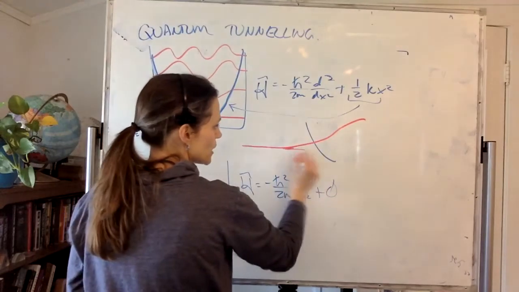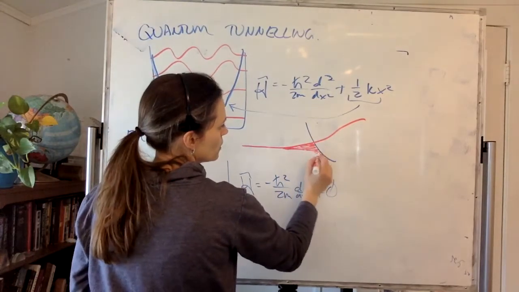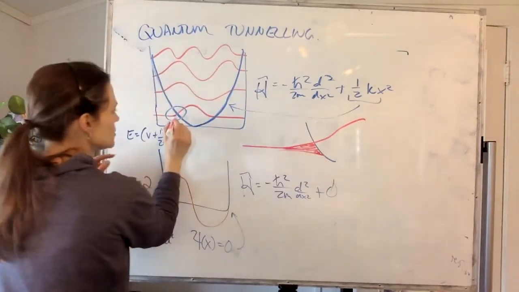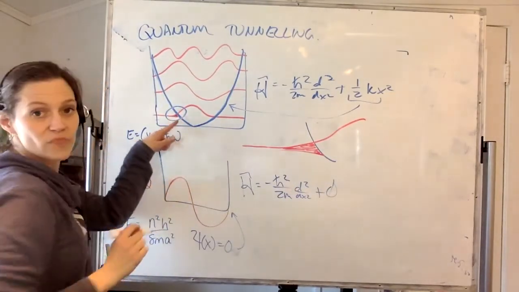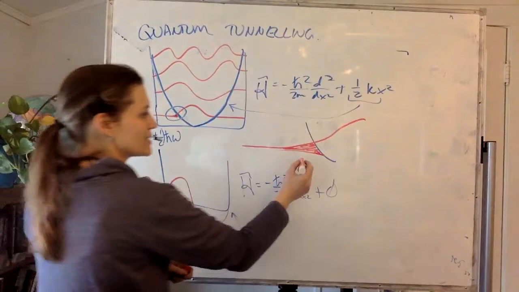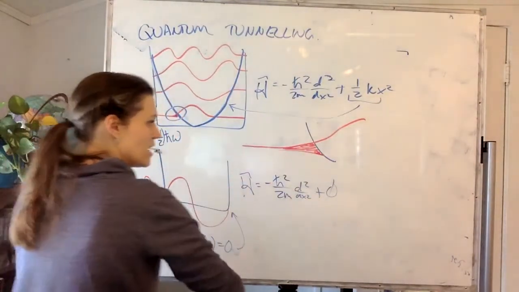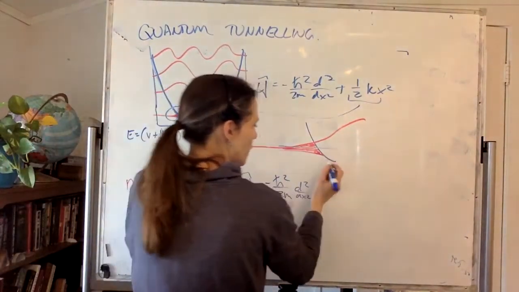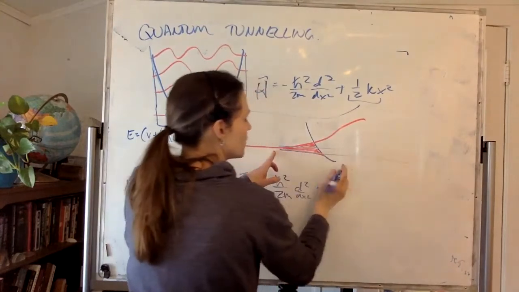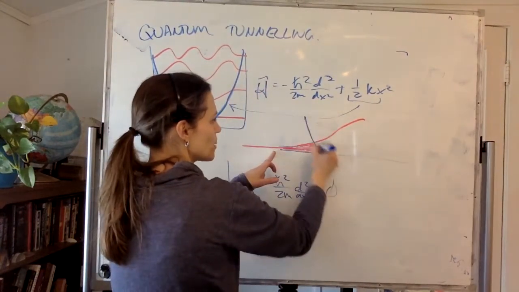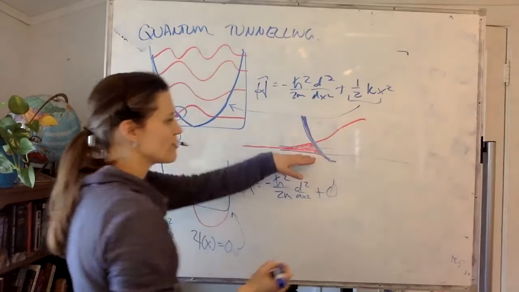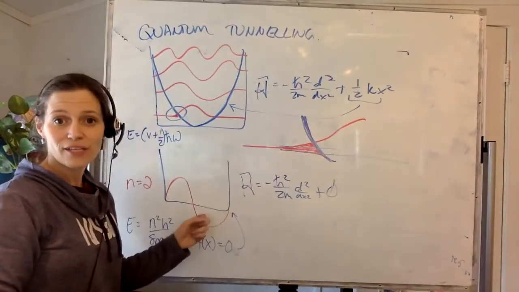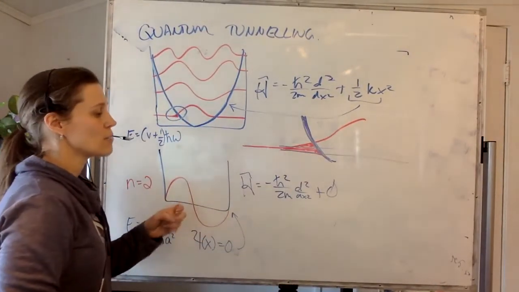So there's actually all of this space right here that is non-zero outside the boundary. Underneath, there's my potential energy. The wave function doesn't go to 0 at the boundary like it does for the particle in a box.